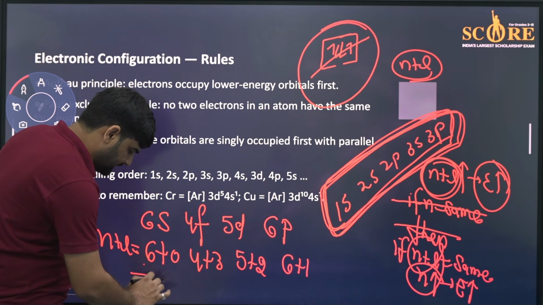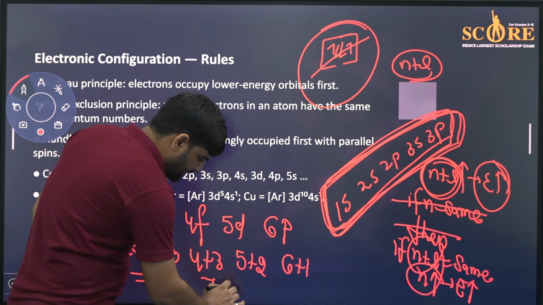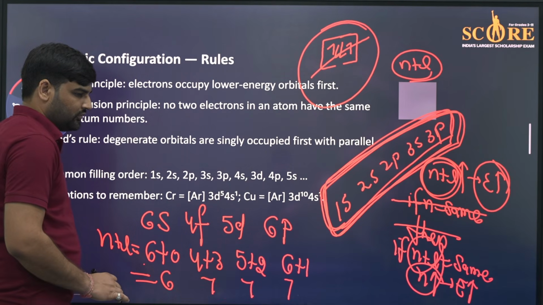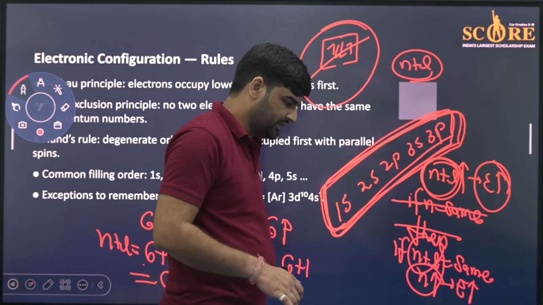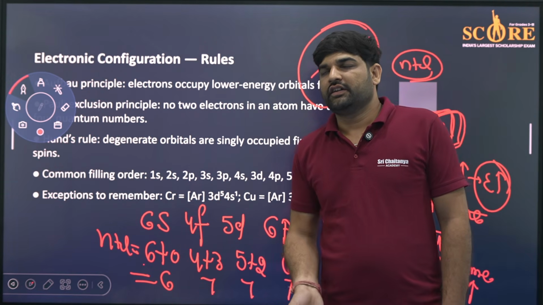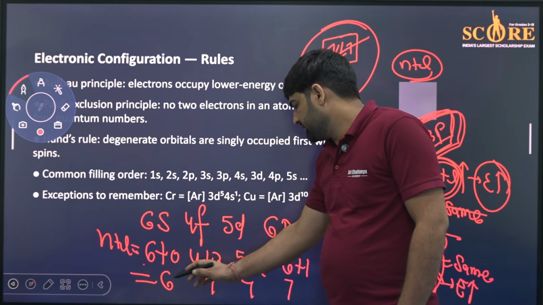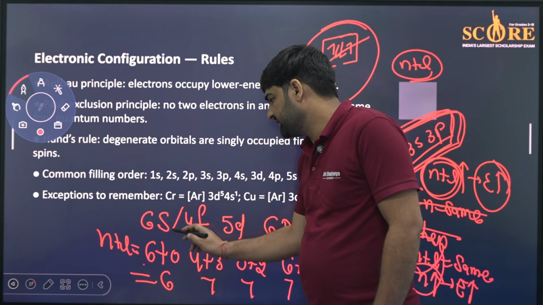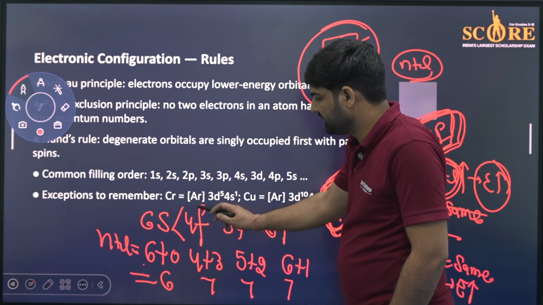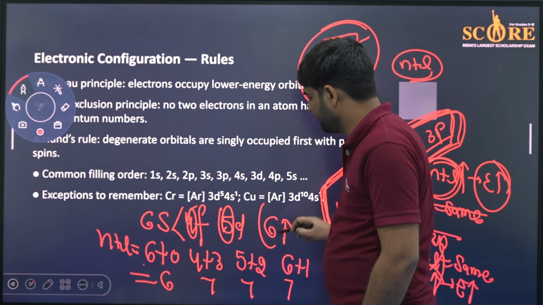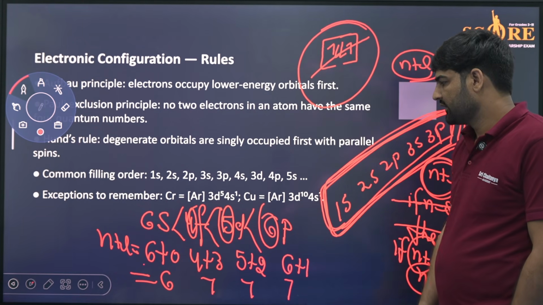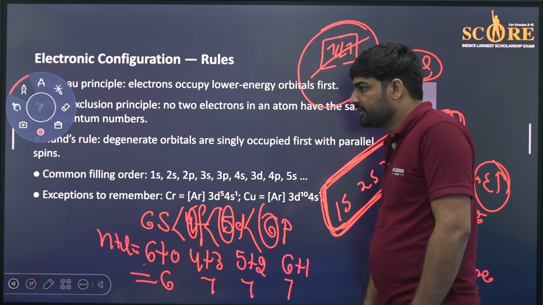So this is 6, this is 7, this is 7, this is 7. What is the order for deciding energy? First we have to check n plus l. As n plus l increases, energy also increases. When n plus l is the same, then on increasing n, energy also increases. So this is the correct energy order.